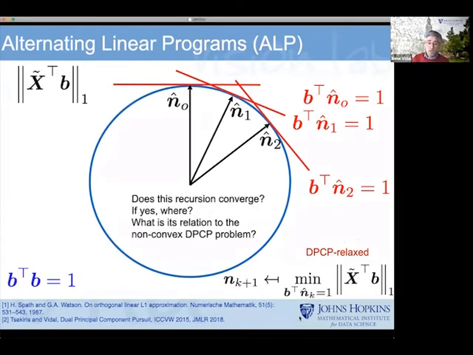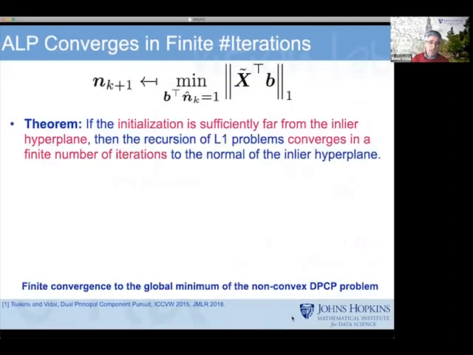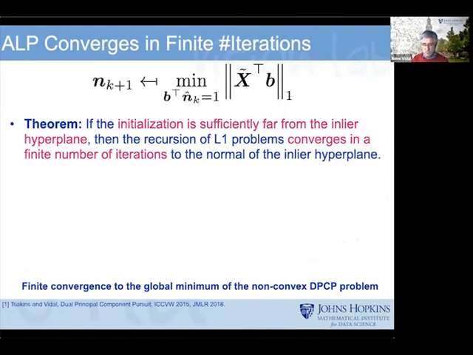And so if yes, what does it converge to? And is it really solving the problem I started with? So that's something we did the analysis of, and we were able to show that if the initialization is sufficiently far from the inlier hyperplane, so very similar to what you do in the power method, that if you cannot start it from the subspace, right, then this sequence of linear programs converges, and it actually converges in a finite number of steps.